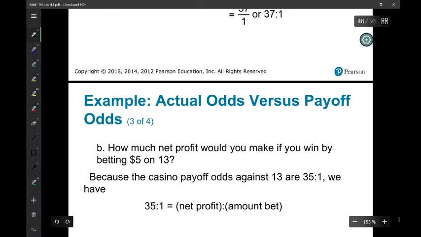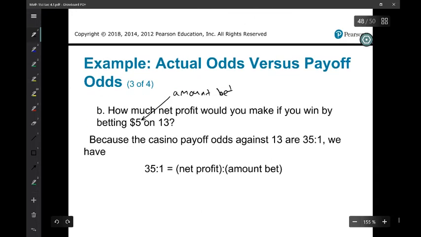So how much net profit would you make if you win by betting $5 on 13? So that's the amount bet. And remember, we had payoff odds against is equal to net profit over amount bet.